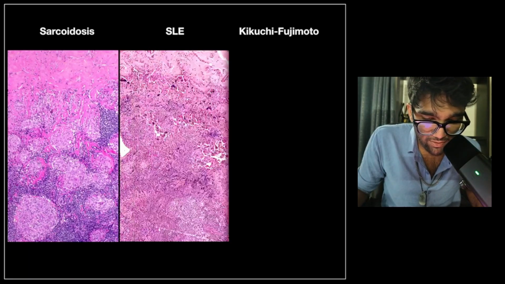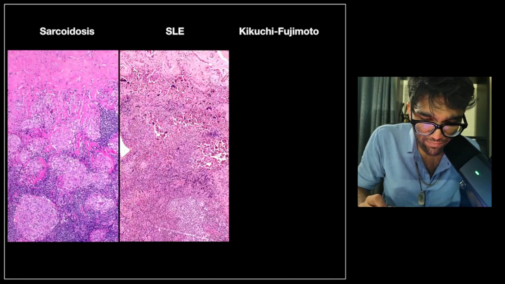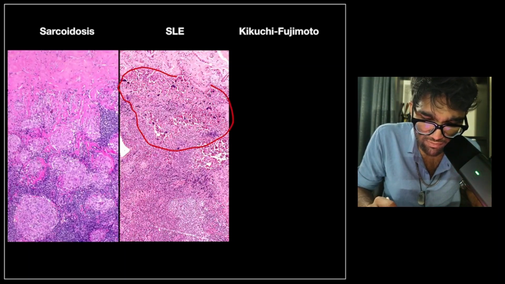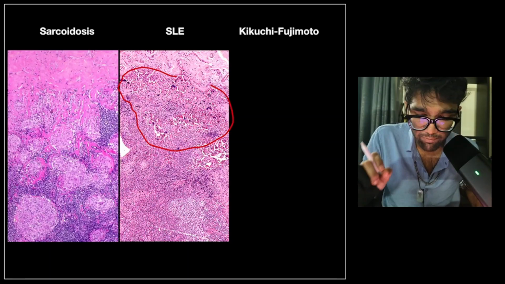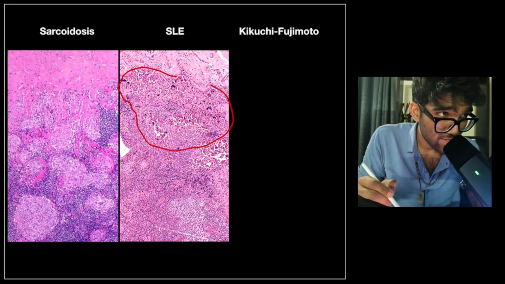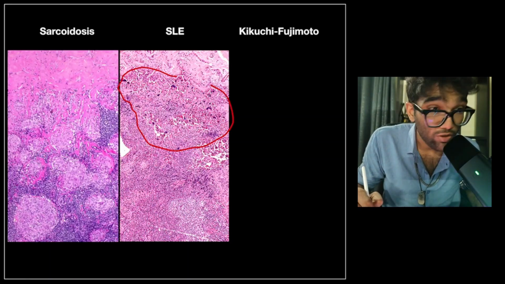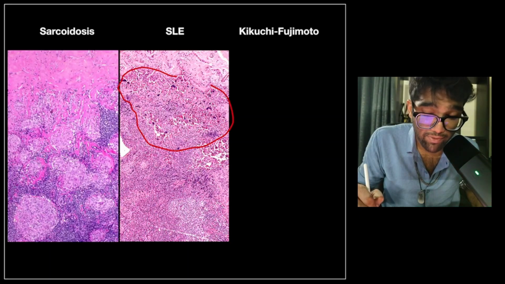The second case, we have some eosinophilic areas. Within those eosinophilic areas, we have these intensely basophilic deposits. This is what I was discussing previously; this is what we call karyorrhectic debris.